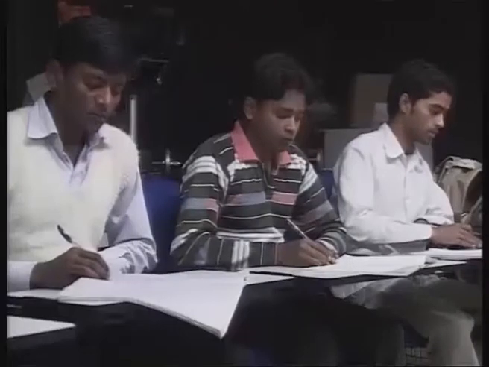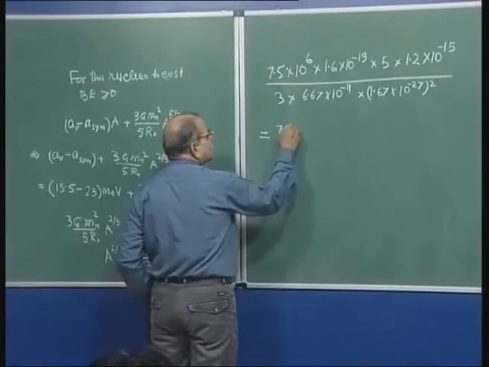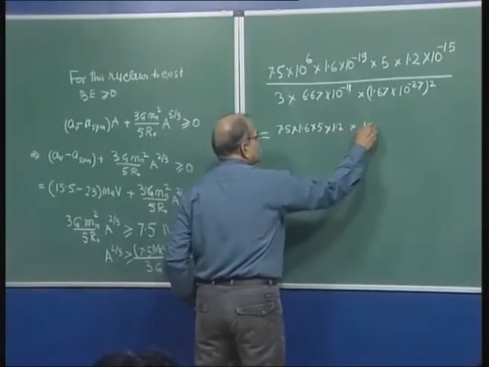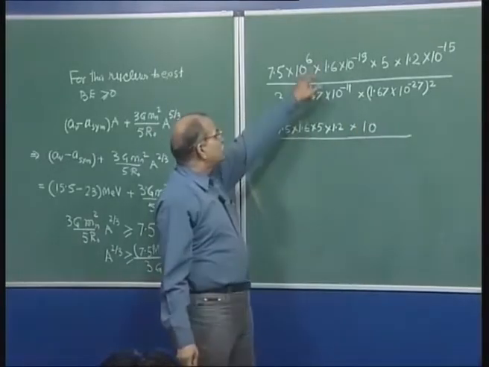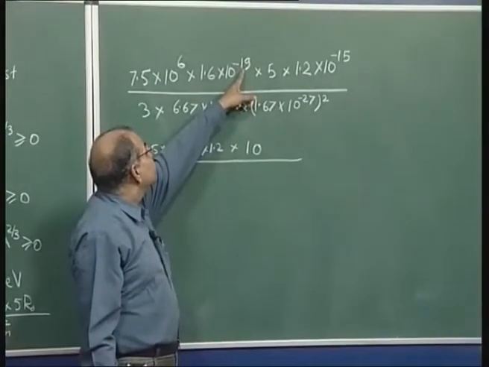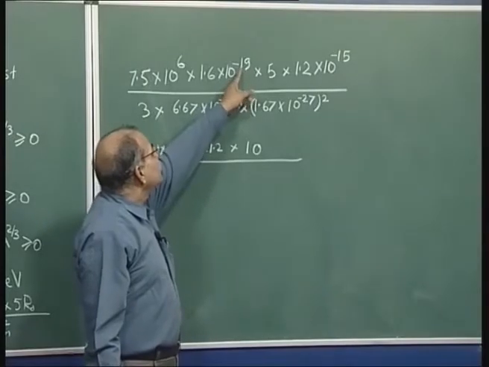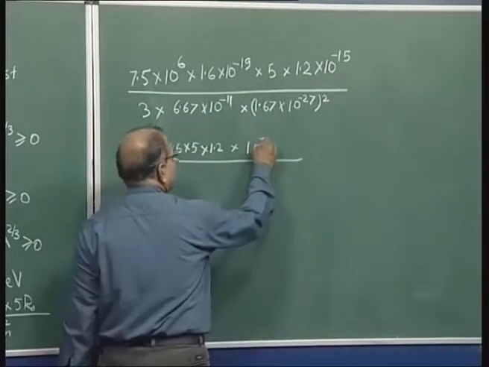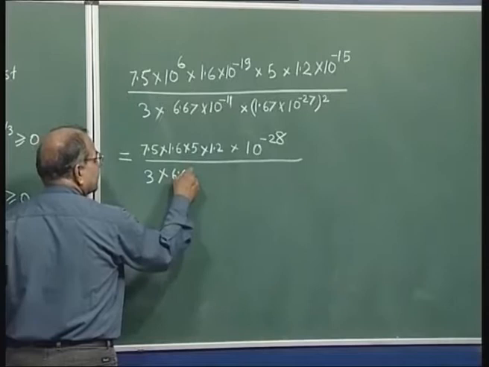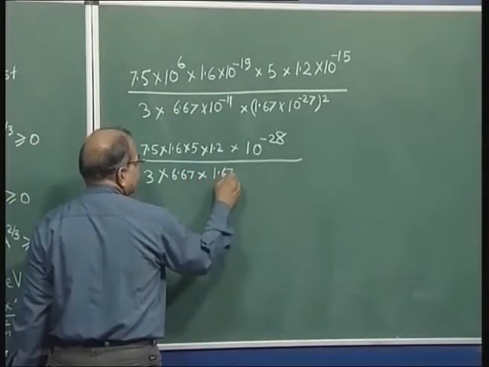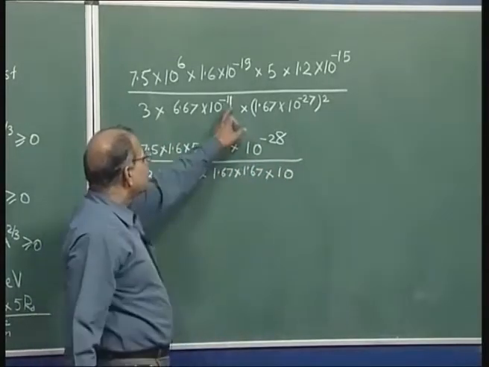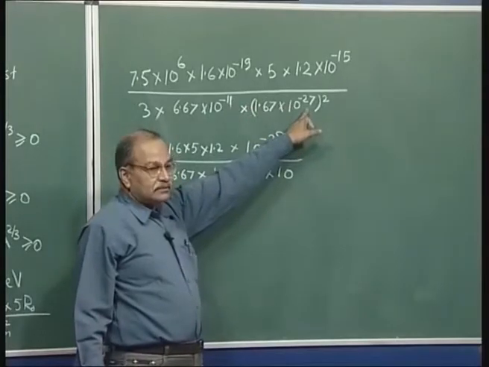Let me work it out a little bit further. 7.5, 1.6, 5, 1.2 into 10 to the power, in the numerator. Look at the exponent, how much is it? 6 and minus 19, that is minus 13, minus 13 and minus 15, minus 28. And this side, 3 into 6.67 into 1.67 into 1.67, and then you have 10 to the power minus 11 from here and minus 54 from here.